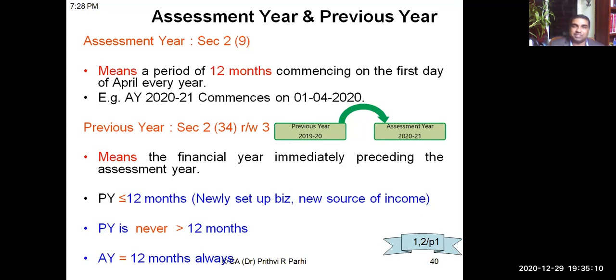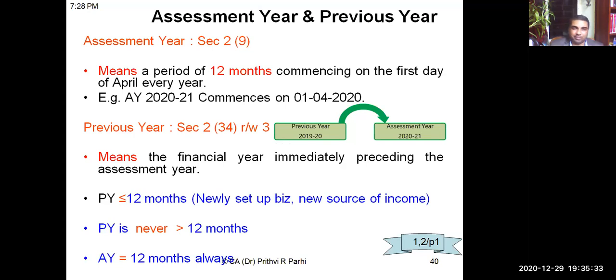Assessment year always commences on 1st April. For example, the current assessment year 2021 commences on 1/4/2020 and it is going on. Next assessment year will be commencing on which date? 1st April 2021.